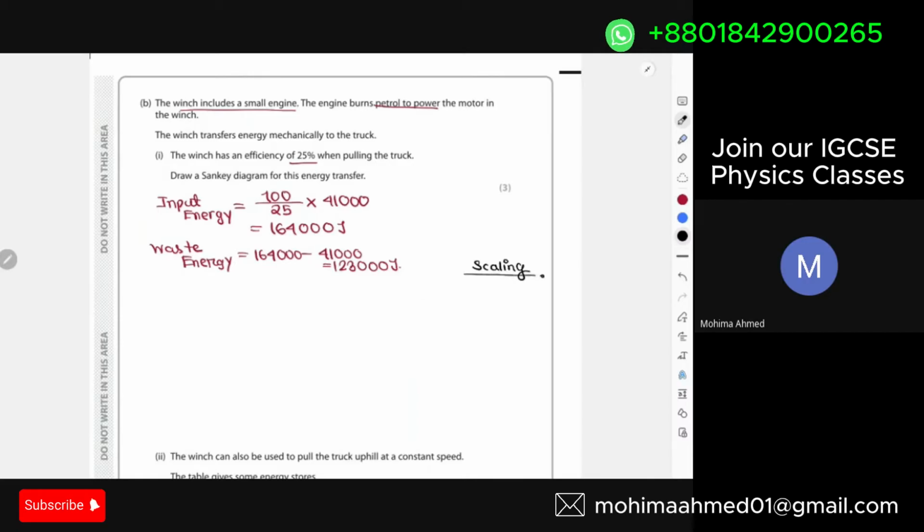For this scaling, we have how much? 41,000, then 164,000, and 123,000. I will represent them on my diagram as 41.